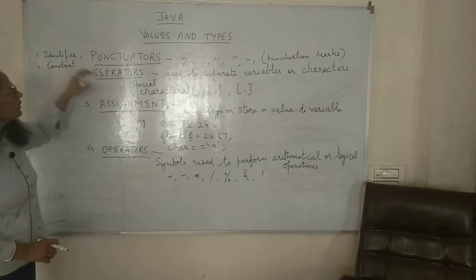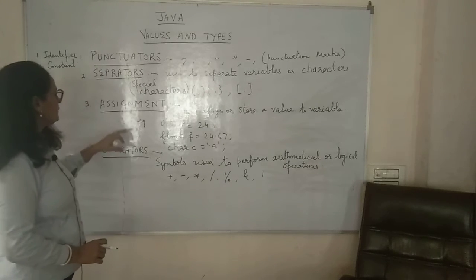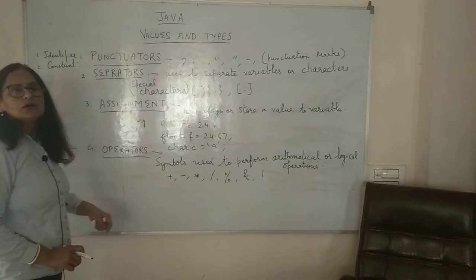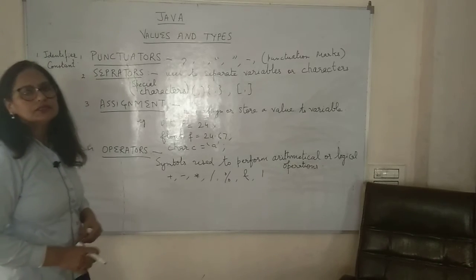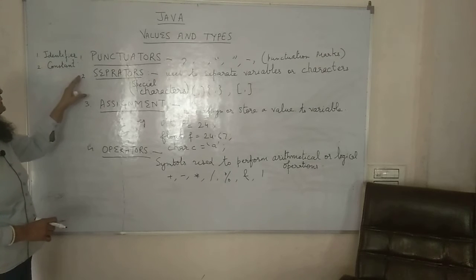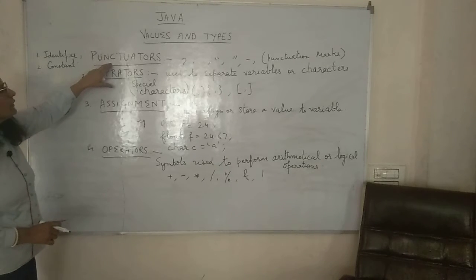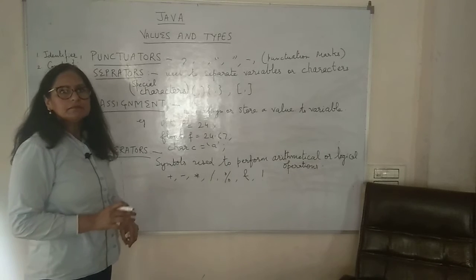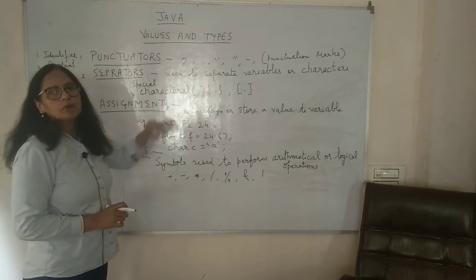Now let's start with punctuator, separator, assignments, and then operators. These are also elements which we use in the Java program. Now we have already discussed identifiers and constants. Now let's start with punctuator. Punctuators are the punctuation marks used in the Java program.